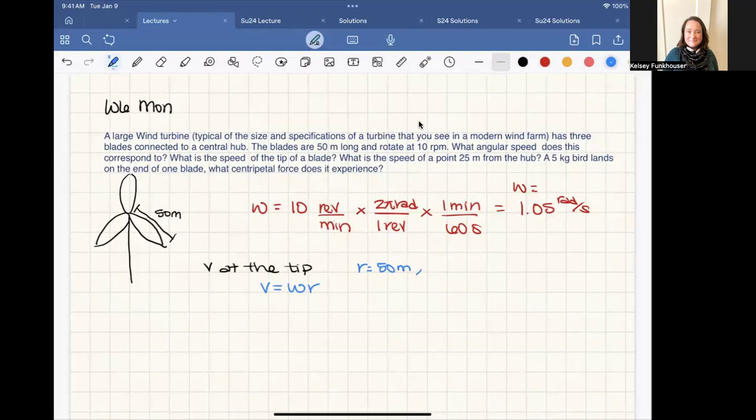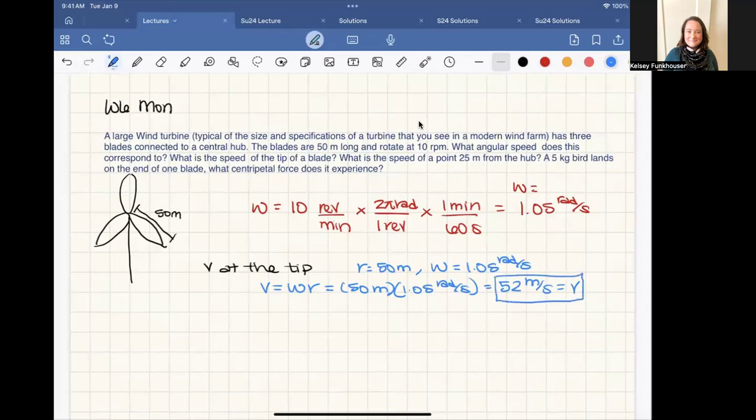And then the angular velocity we just found is 1.05 radians per second. So we can plug this in. 50 meters times 1.05 radians per second is about 52 meters per second. So that's the velocity at 50 meters.